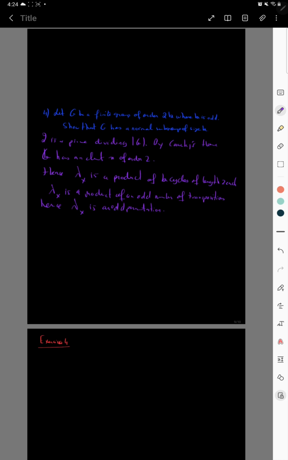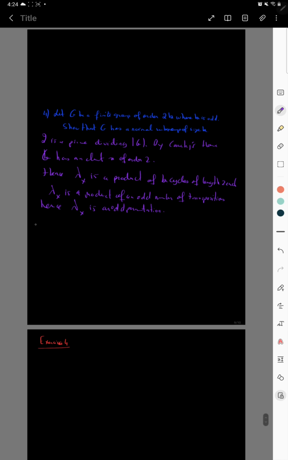Now, how do we show that G has a normal subgroup of size k? What we do here is let rho be the map from G to Sym(G), which, since G is finite, is a finite set, composed with the sign homomorphism. This is phi from question 1, plus or minus 1.